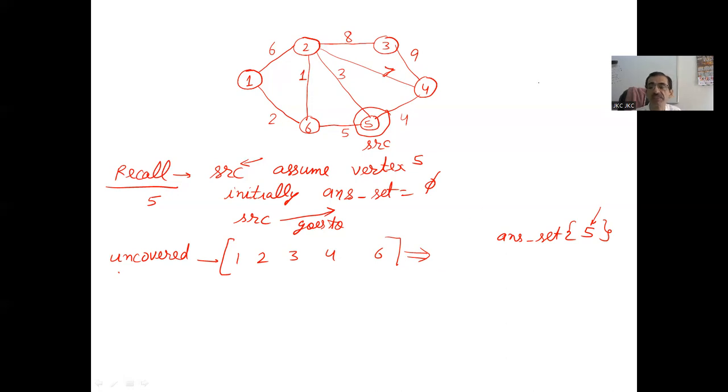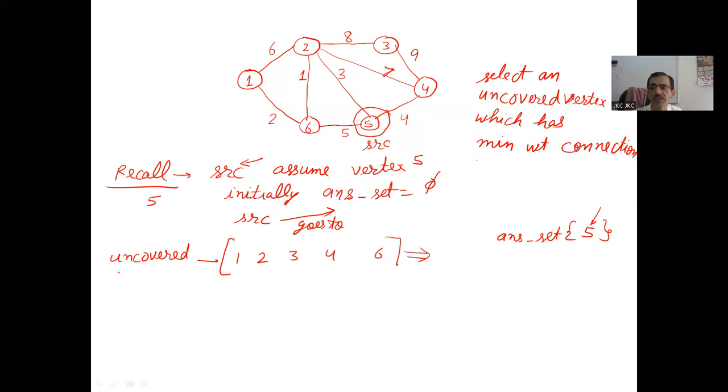My basic aim was to select an uncovered vertex which has the minimum weight connection to any of the covered vertices, to any vertex in the answer set. This one line effectively explains everything, and this process will be repeated every time.